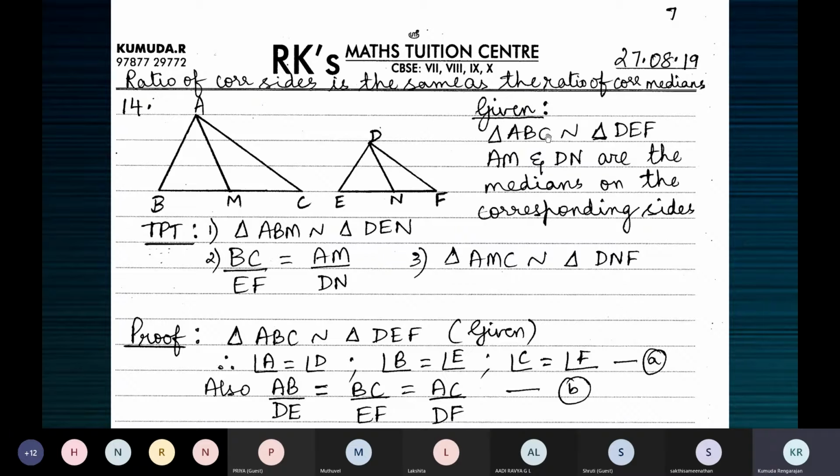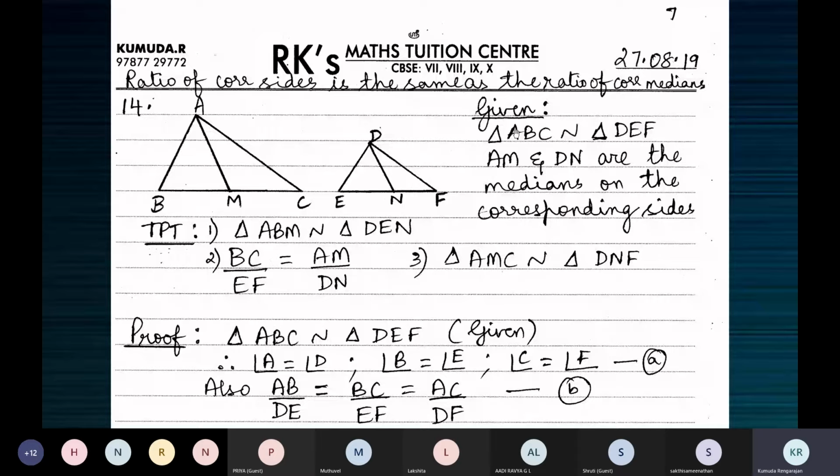Then finally AC by DF. These three ratios are equal. If these two triangles are similar, then these ratios will be equal, which means the corresponding sides are proportional. Equality of two or more ratios is said to be a proportion. Equality of ratios is called a proportion.